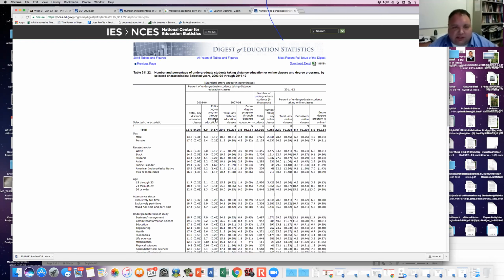So there are some other nice statistics here, but I want you to think about that a little bit. We're going to talk about this. And in this cell right next to that statistic, I'm highlighting this. This 4.9 is the entire degree offered via distance, or those that do it completely. And then over here is exclusively online.